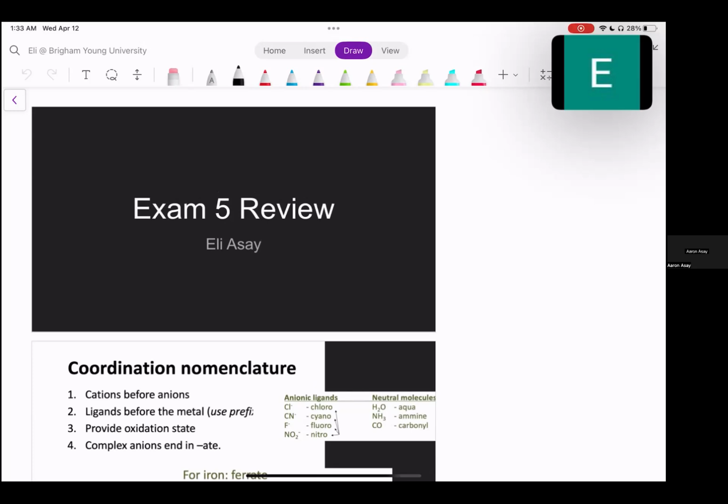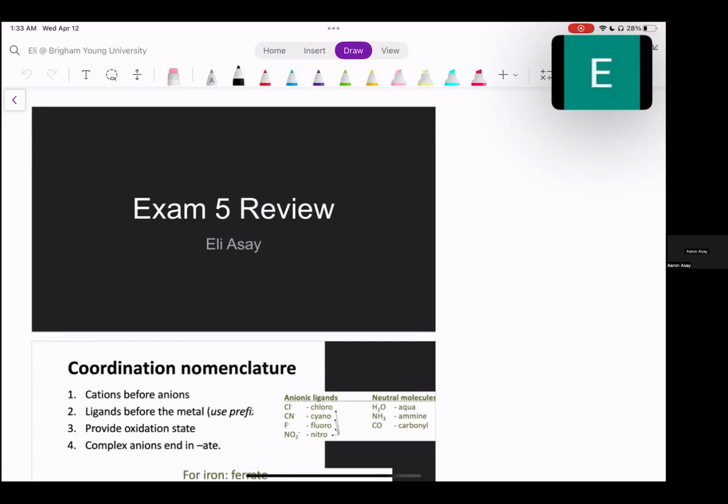Just because I emphasize something on here does not mean that it will be emphasized on the test. Just because something is not on here does not mean it will not be on the test. So make sure you're following those concept maps and studying according to what Dr. Patterson has put out.